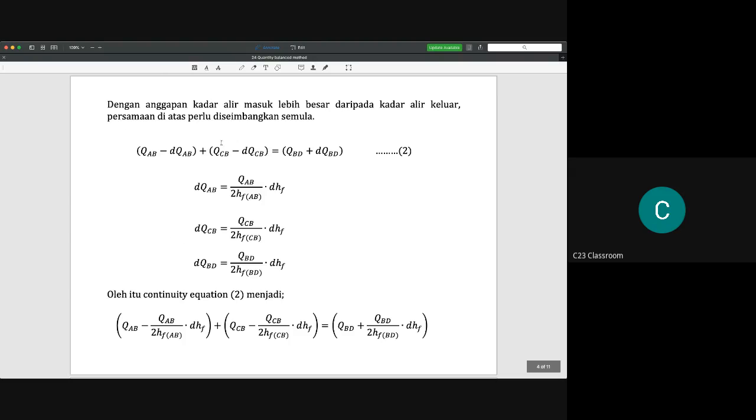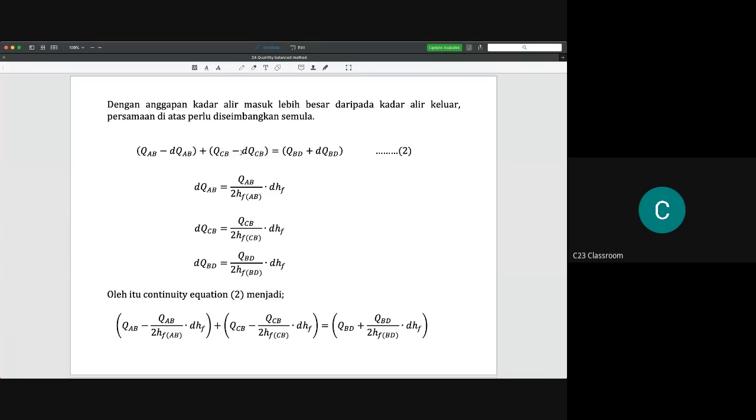we assume that our first assumption is not correct. So we need to take a little bit, some portion, from the input. We have two inputs here, so we need to take some portion from the input, and then we add it into the output here.